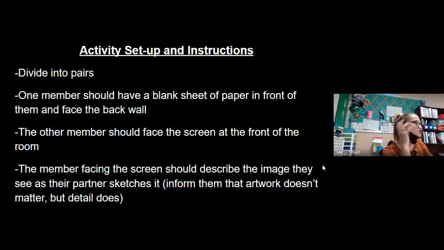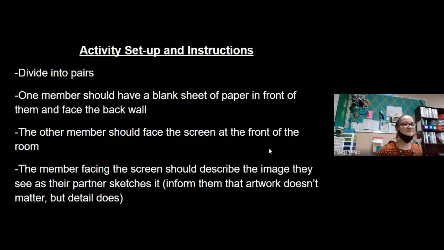You're not limited to just shapes this time. So if you are the one facing the screen, you're going to describe the image in as much detail as possible. Now, artwork does not matter. If you can't draw a person and your person is a stick figure, that's fine. You just need to make sure that you're paying attention to that detail that your partner's telling you.